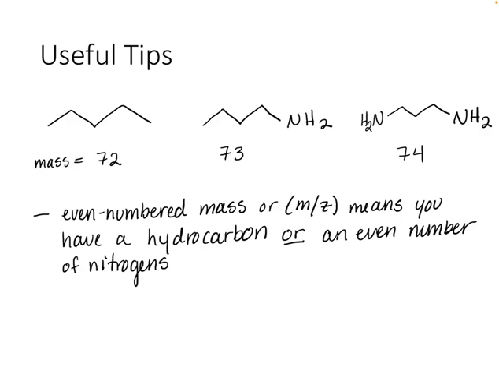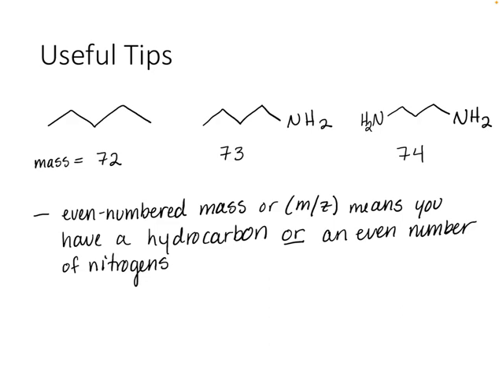So if we didn't know what our molecule was, we could say, okay, the mass is even. So either I have just carbons and hydrogens, or I have two nitrogens, or maybe 4 or 6, so an even number of nitrogens.